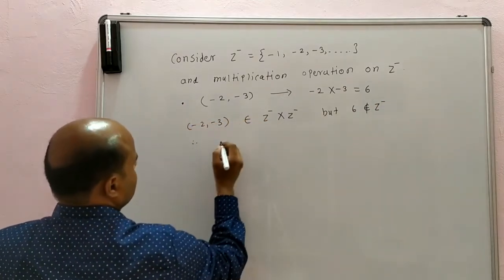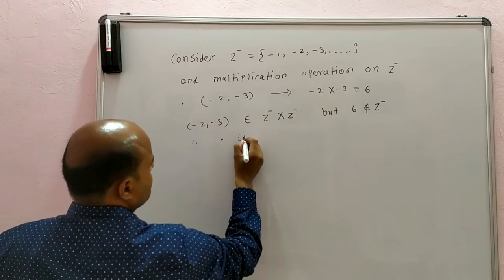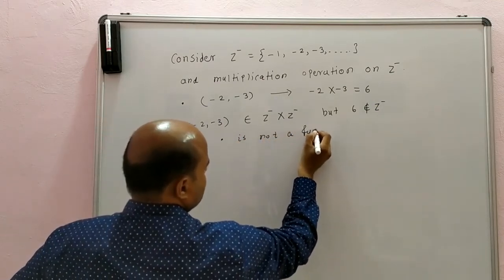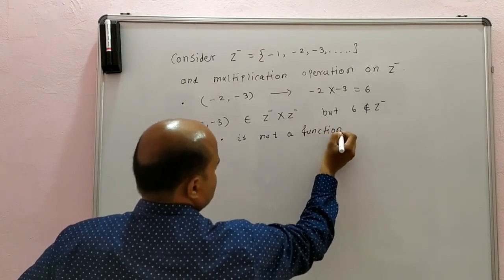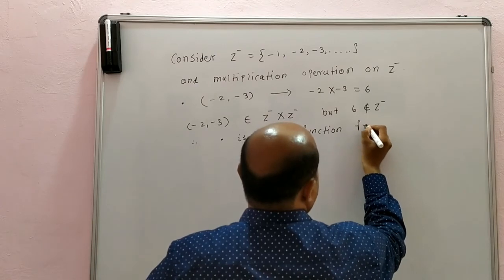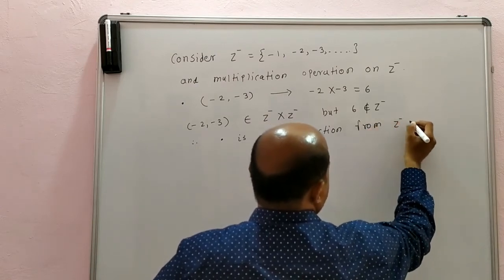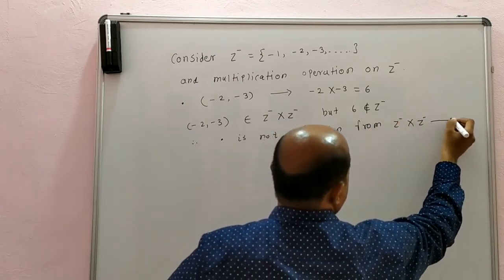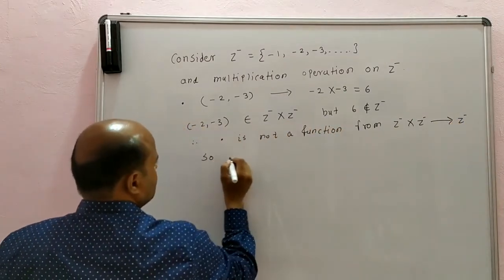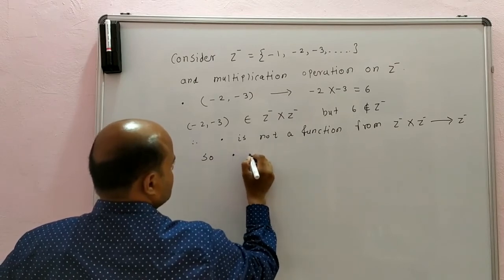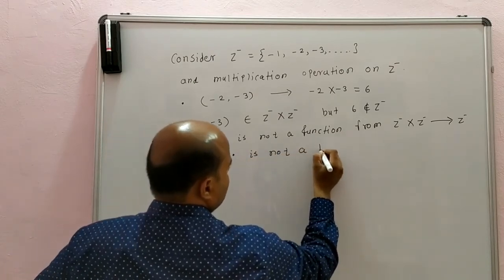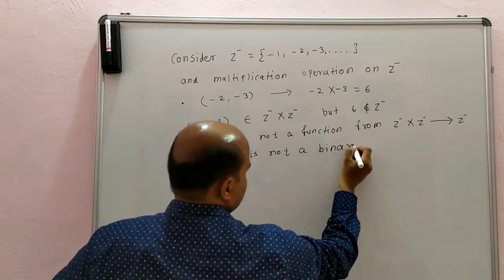Therefore, multiplication is not a function from Z minus cross Z minus to Z minus. So, multiplication is not a binary operation.